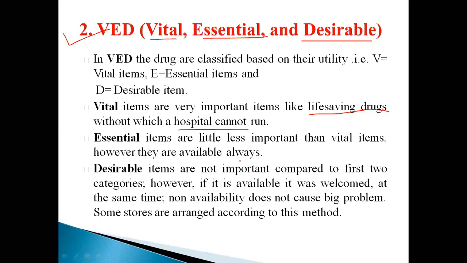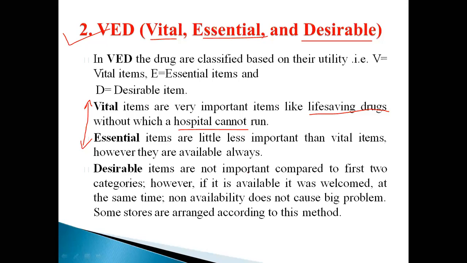These are the essentials. And desirables are not required to be available in the drugstores, because they are categorized below vitals and essentials. If desirable items are not available with us, there is no big issue related to those items.